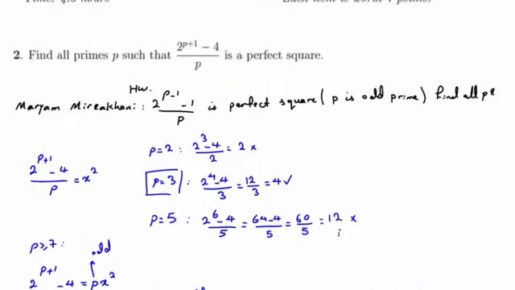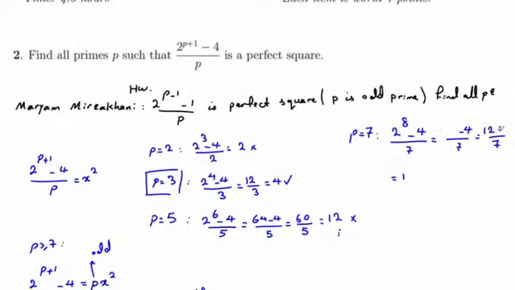Let's check p equals 7 here. 2 to the 8 minus 4 over 7. It's a multiple of 4. I'm sorry, 2 to the 8 is 256.